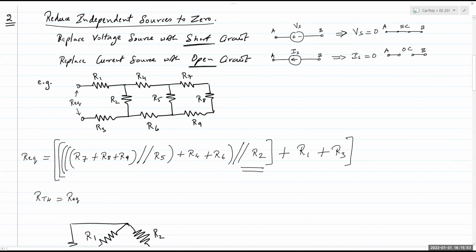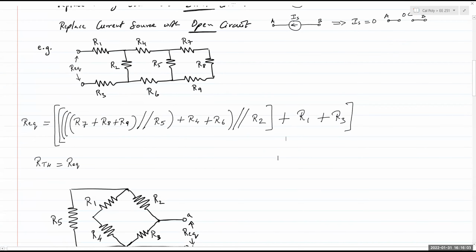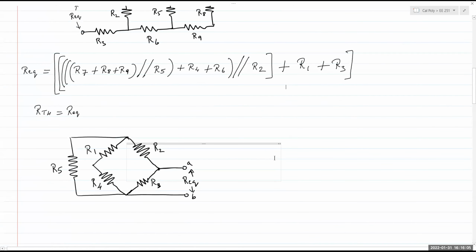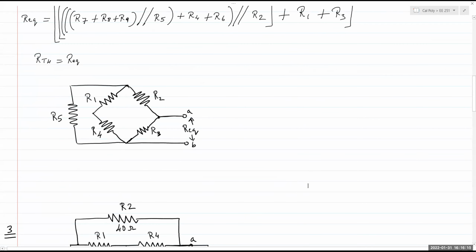And then finally, that would be in series with R1 and R3, right there. So that's REQ for that example. Now, RTH, Thevenin resistance, is always the equivalent resistance measured between those pair of terminals. But there are some circuits that might have a weirdly drawn schematic. So to analyze those circuits, I would recommend using this technique.